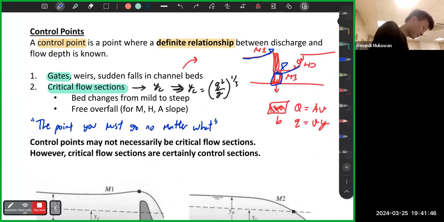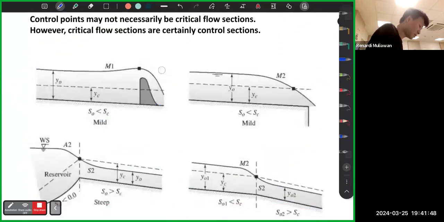Okay, so again, just some examples. For a mild slope, you start here. And if there's a dam, it's always the M1 slope. That's why it goes up like this, M1. And this is the control point. Again, why is this a control point? Because it must always go up there no matter what. So it's that simple, okay?